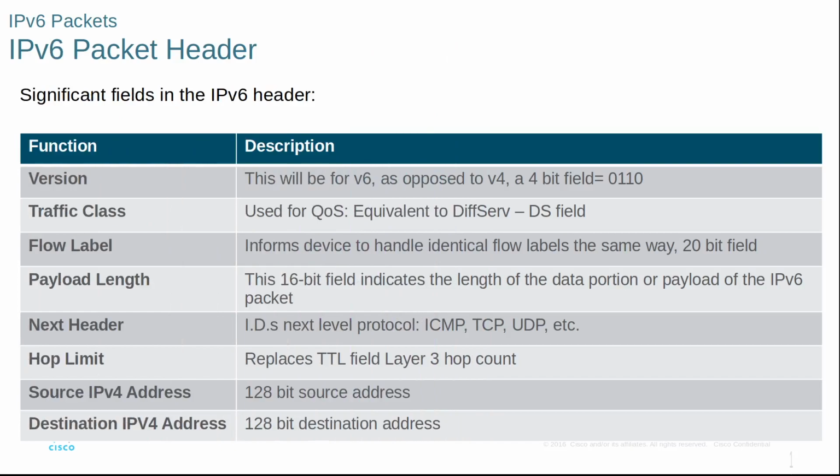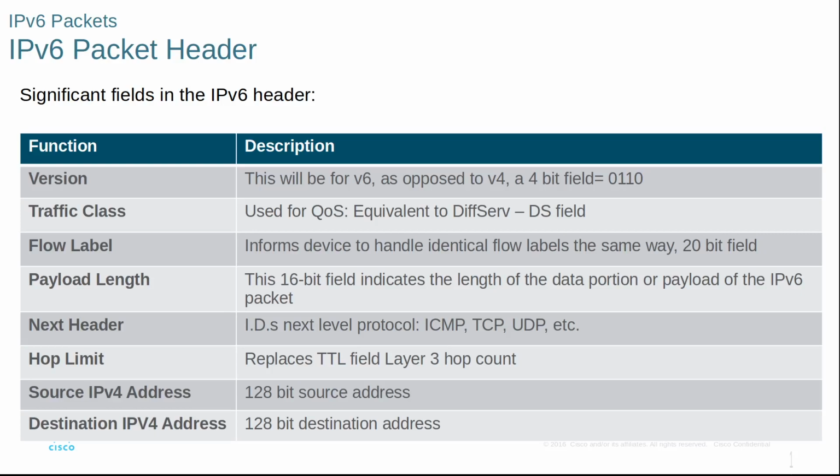The significant fields we have, that should say IPv6 address, right? The version, so it's going to be 6 instead of 4. Traffic class is still there. It's used for quality of service. The flow label informs the device how to handle identical flow labels the same way. Payload length is a 16-bit field and it indicates the length of the payload, the data within the packet.